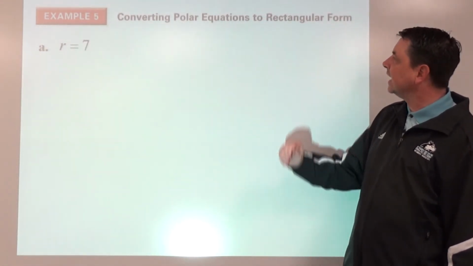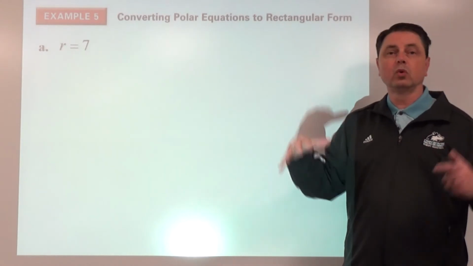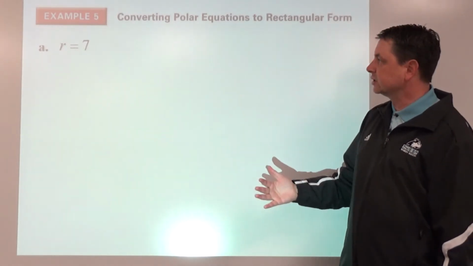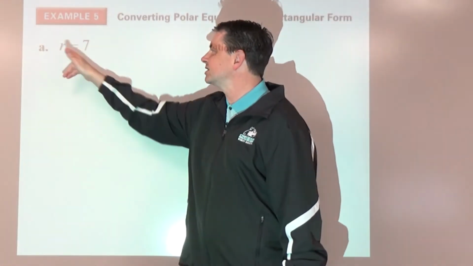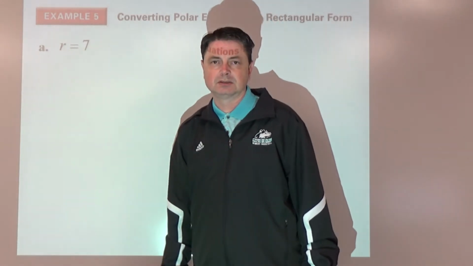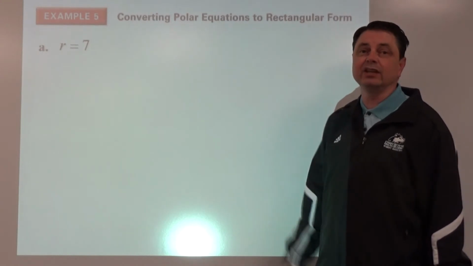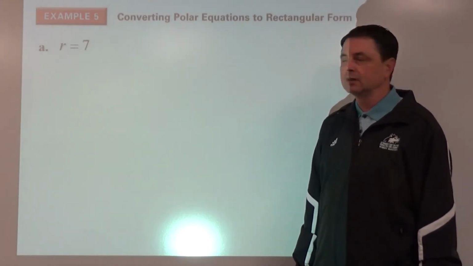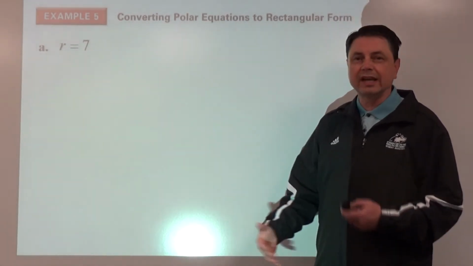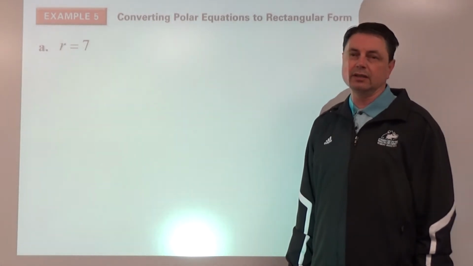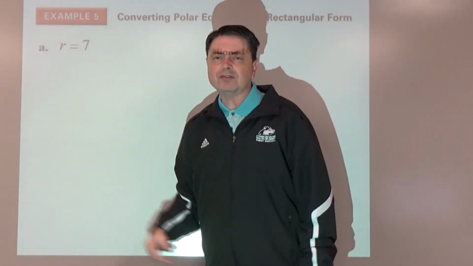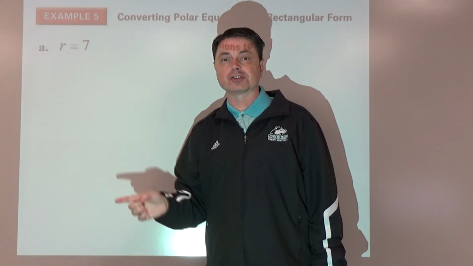Example number 5, what about not just doing coordinates, but equations? So we have a polar equation that says r equals 7. Can we get that into rectangular form? So we're just going to algebraically manipulate this. I'm thinking we definitely have a conversion for r squared.